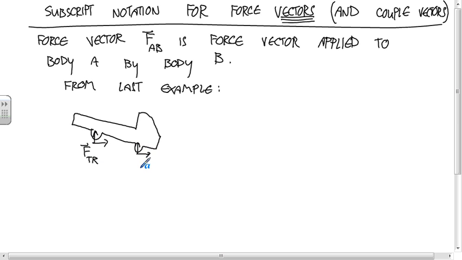Here it would have the force vector on the truck by the mud. Here the force vector on the truck by the driver. And here the force on the truck by the pig.